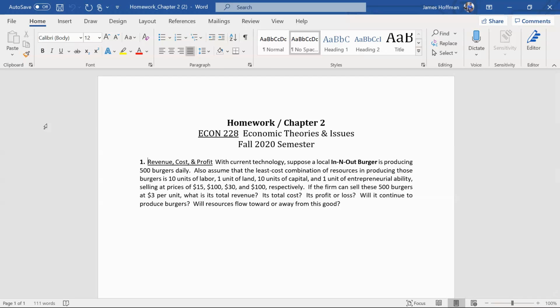Another example of calculating profit from revenue and cost. You have an In-N-Out Burger producing 500 burgers, and the least cost combination of resources for producing those is 10 units of labor, and these are all the units of land, labor, capital, and entrepreneurial ability, and then the prices here.